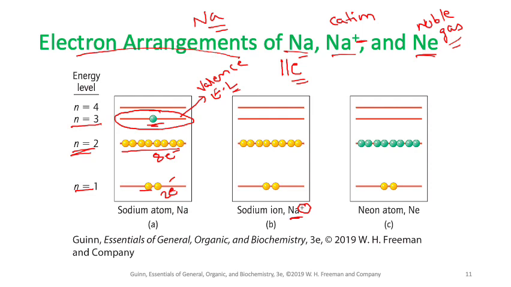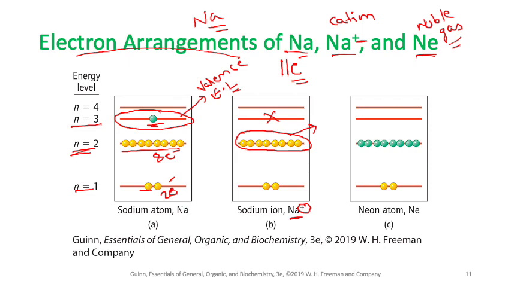So the time this electron is gone, now this level will become your valence energy level, the last energy level for sodium, because there is no energy level after that, because the electron that was occupying the energy level is gone. So there is no need for that energy level for sodium. So now this electron becomes a valence electron for sodium plus, the sodium cation.